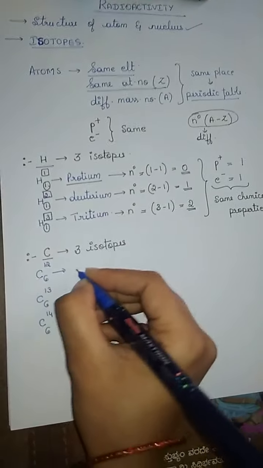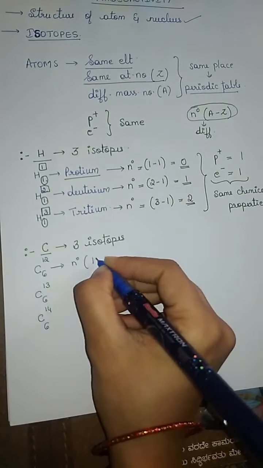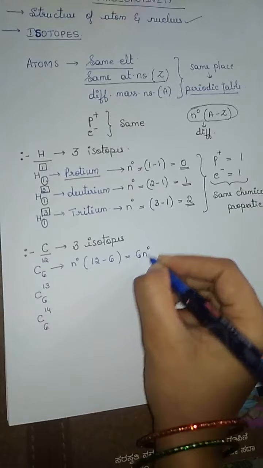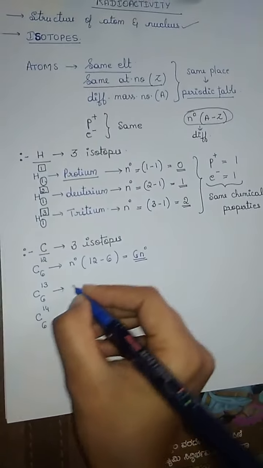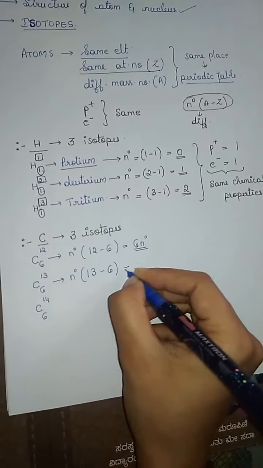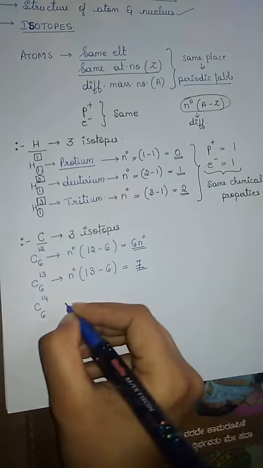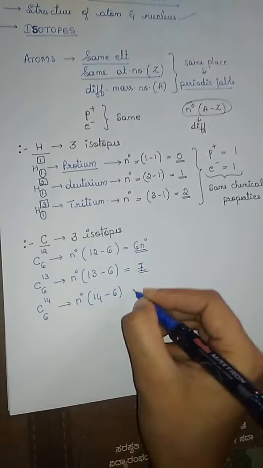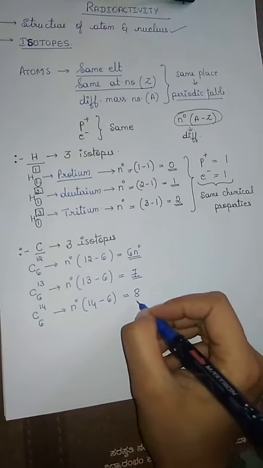In the first one, the number of neutrons is 12 minus 6. So how many neutrons are present in the first one? That is 6. In the second one, neutrons are 13 minus 6, so 7 neutrons are present. In the third one, the number of neutrons is 14 minus 6, that is 8 neutrons.